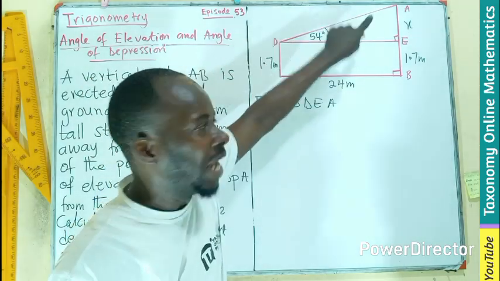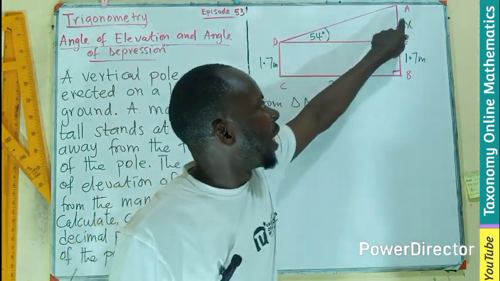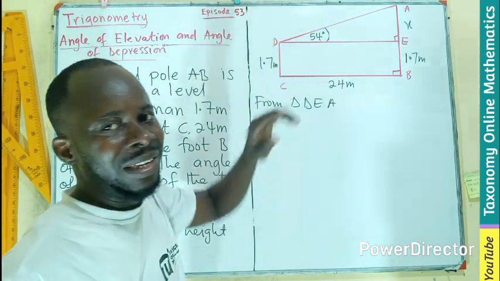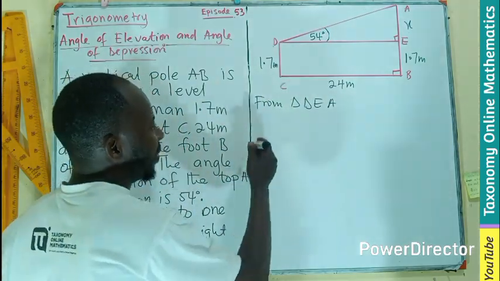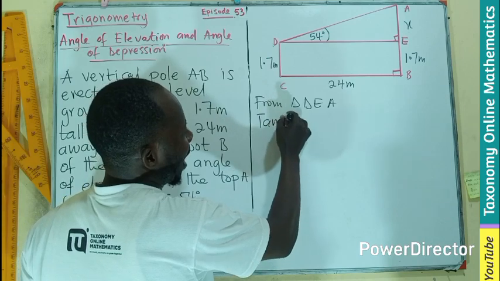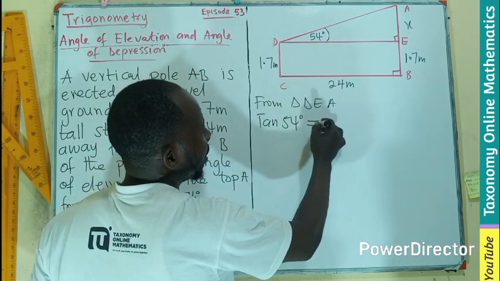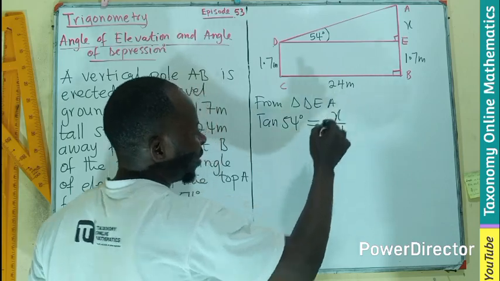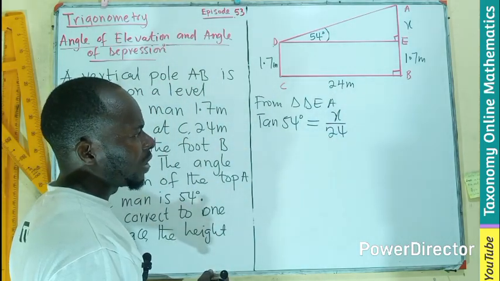The side perpendicular to the opposite is the adjacent. So I'll be having opposite and adjacent. That is tan. So tan of the angle 54 degrees equals the opposite side over the adjacent, 24.